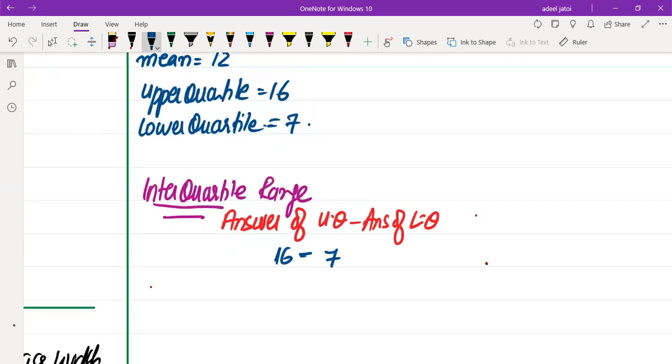So 16 minus 7 is 9. So 9 becomes the interquartile range.